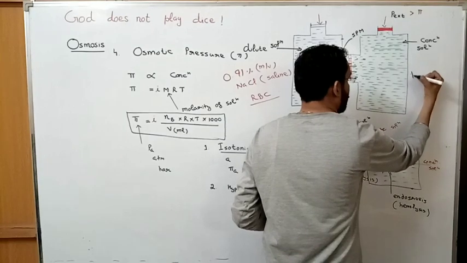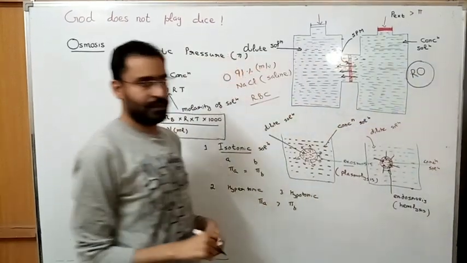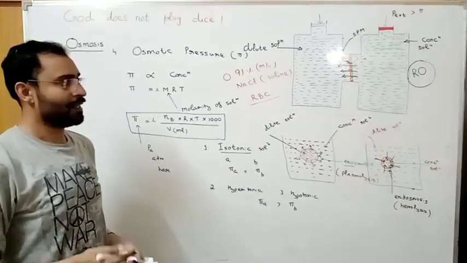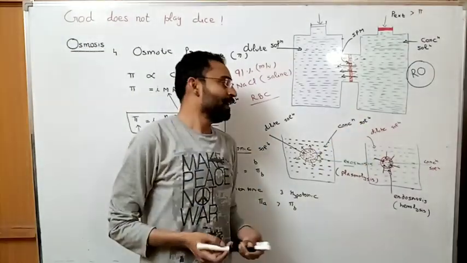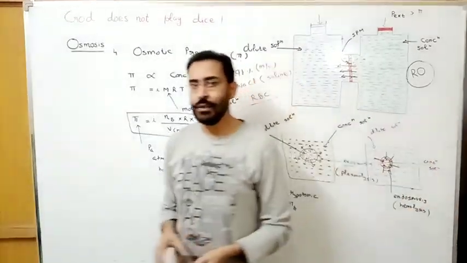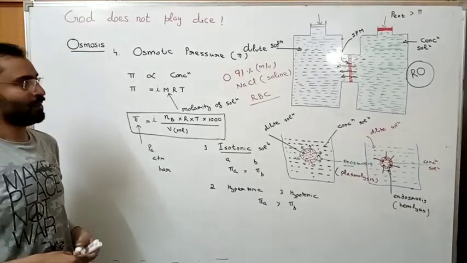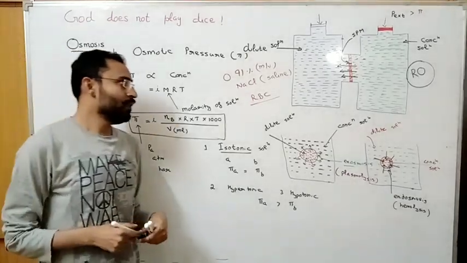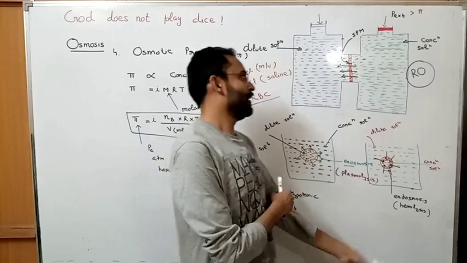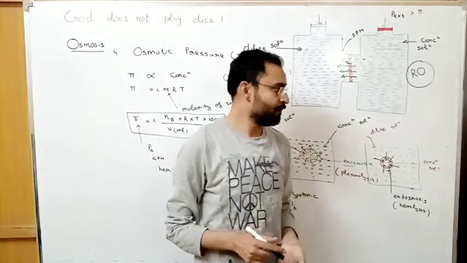This phenomenon is known as reverse osmosis, RO. You must know where RO is used. It is used for purification of water. So RO purifiers at home work on the principle of reverse osmosis.